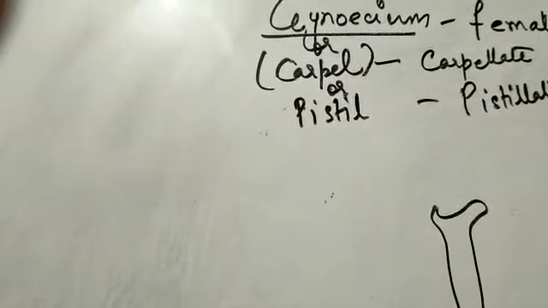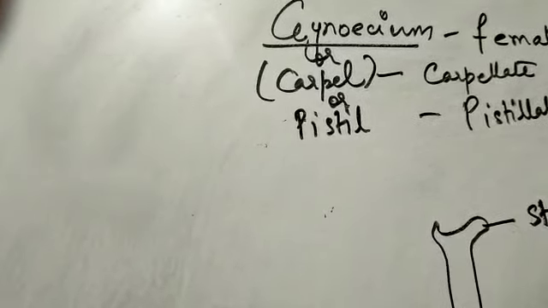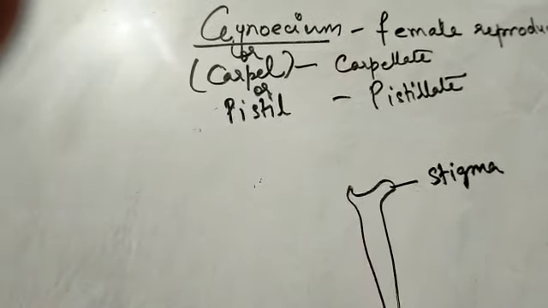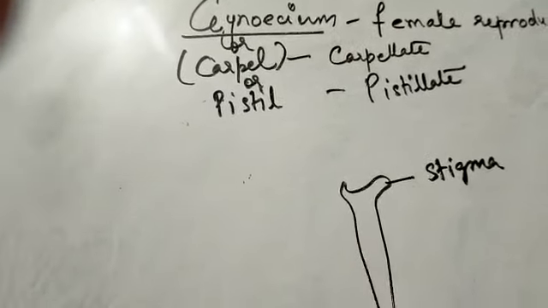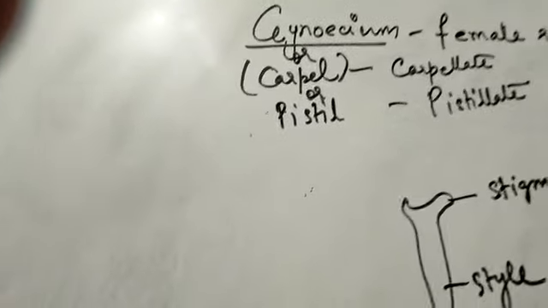Now the parts of the carpel or the pistil. There are three parts. That is the stigma. Stigma helps in sticking the pollen grains which are falling on it. Then we have the style, which passes the pollen grain to the actual female part, that is called the ovary.